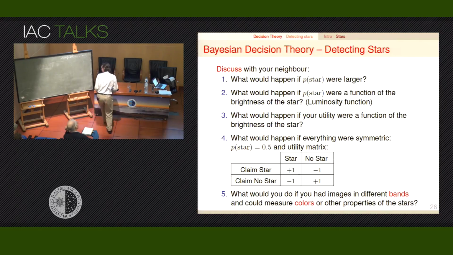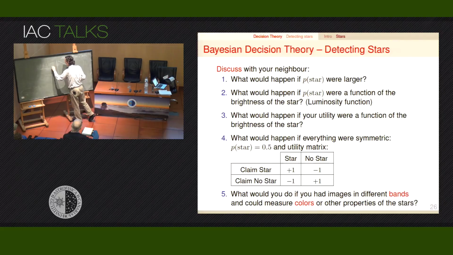So if you know that as you go to lower and lower fluxes, there's going to be more and more stars, and it's even something like log number, then that means that your prior, as you go to fainter and fainter things, is going to be shooting up.